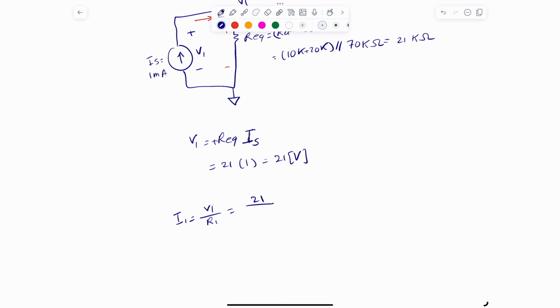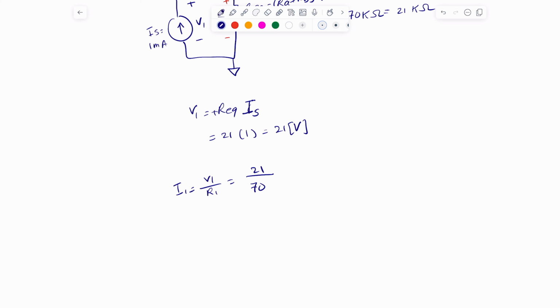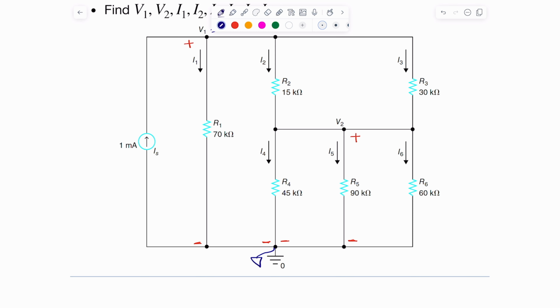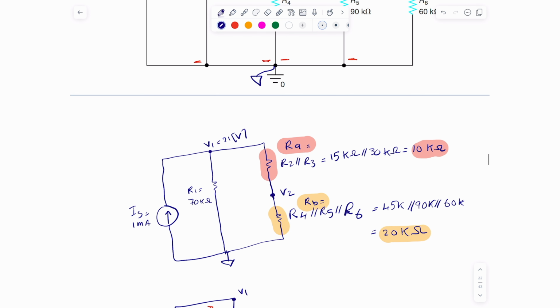It's 70 kilo ohms. Which is simply 0.3 milliamps. Okay, so we know what I1 is now. I'll just write this in here. This I1 is simply 0.3 milliamp. Okay, do we have I1 anywhere here? Yes, we see I1 in here. This is I1. This is simply 0.3 milliamp.